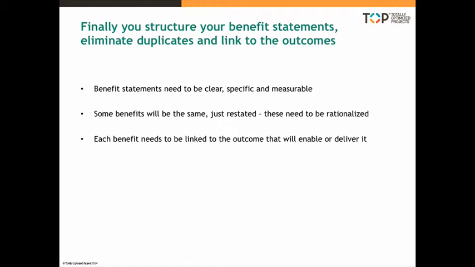So this is a very important part that's often missed, linking the benefits to the outcomes that will enable or deliver it. Then you can go on and pick up the financial benefits and quantify them to make sure that you know the full value of the benefits. And as we warn people, you can end up with too many benefits.